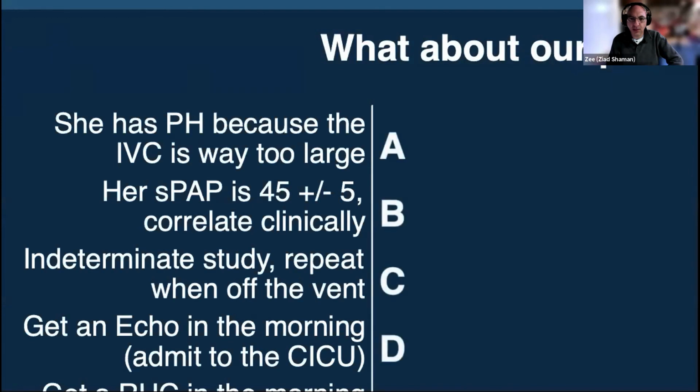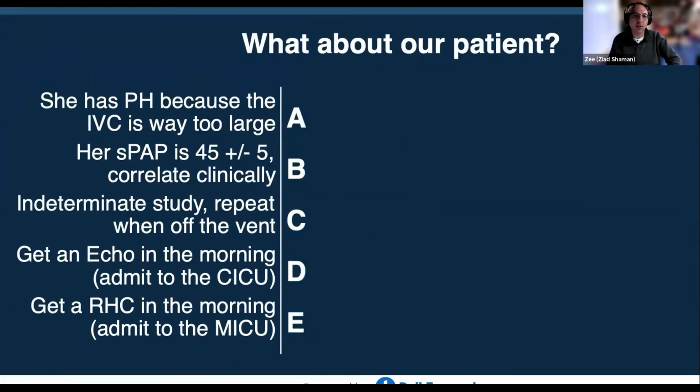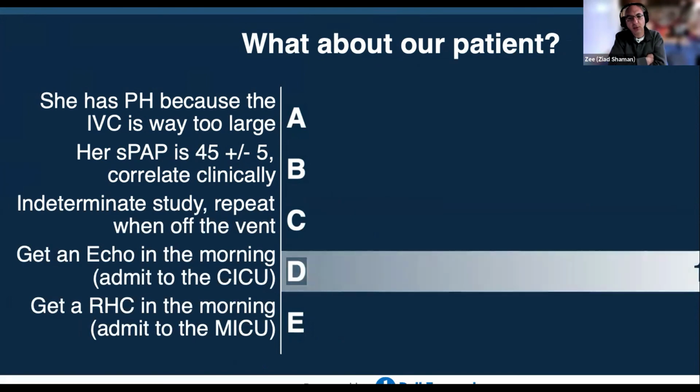So now here's a question. What about our patient who has 1.5 points in addition to a jet velocity that didn't qualify her for a higher risk of pulmonary hypertension? Are you going to say that she has pulmonary hypertension because the IVC is way too large for what it could be?